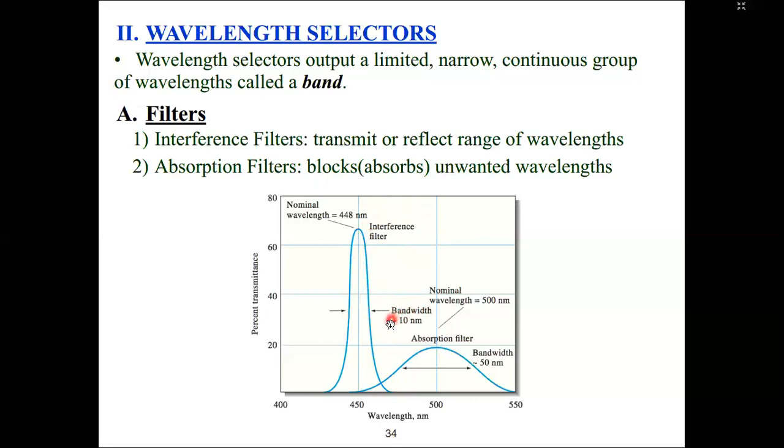So the smaller the bandwidth, the better the filter. Here the bandwidth is 10 nanometer. For example, if you desire the wavelength of 448 nanometer, then you get the wavelength from 440 to 460.